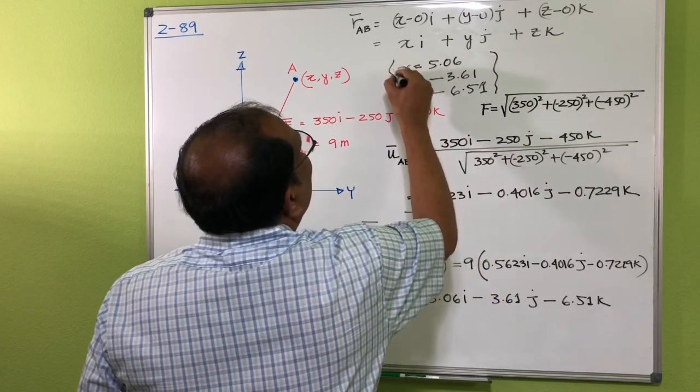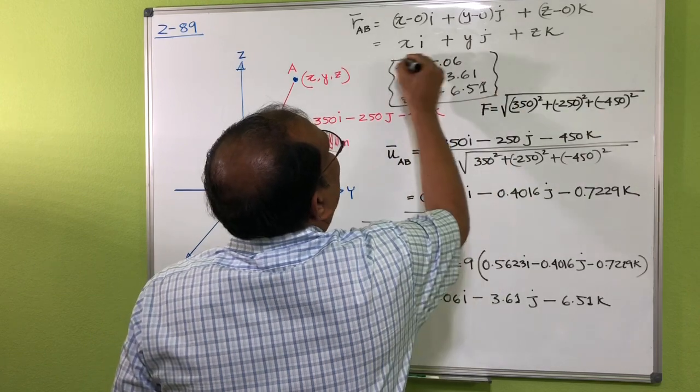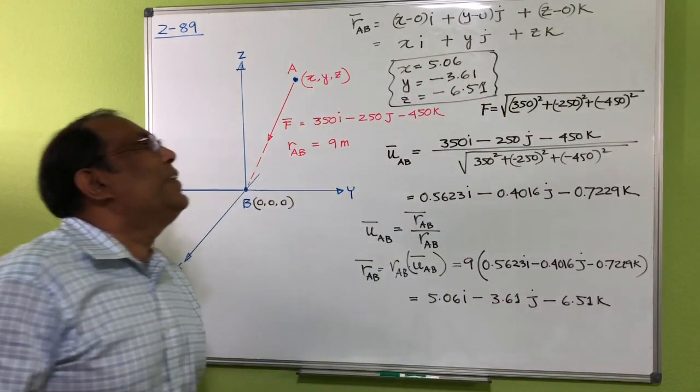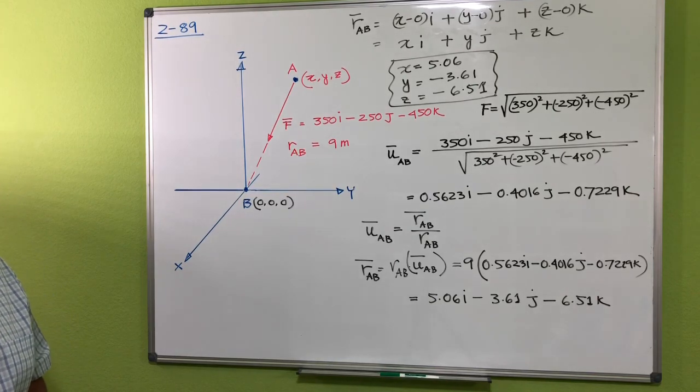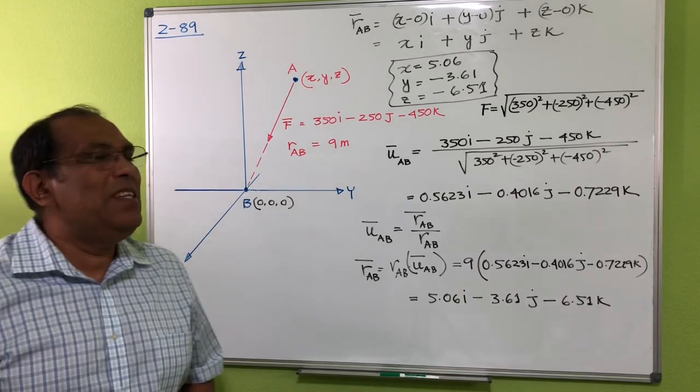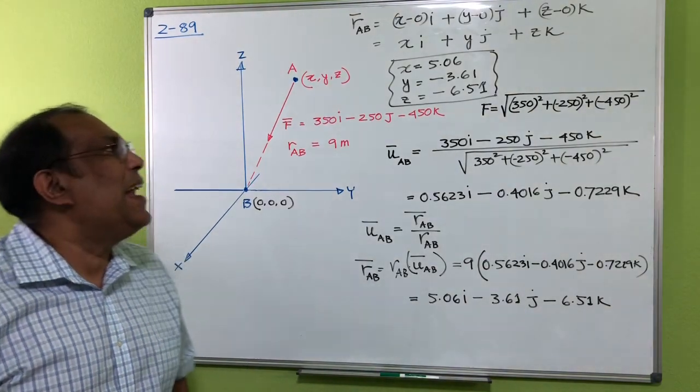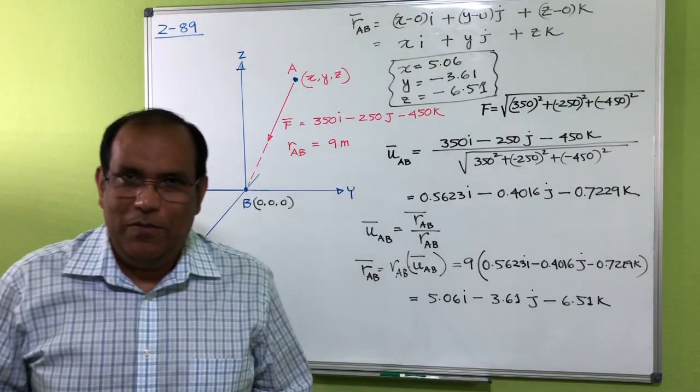So this is the answer here. Okay, so the location of A is 5.06, minus 3.61, and minus 6.51.